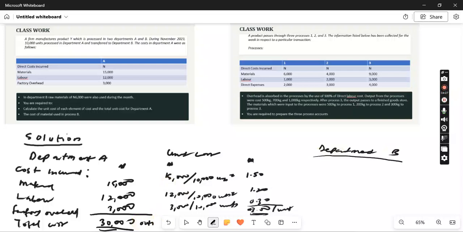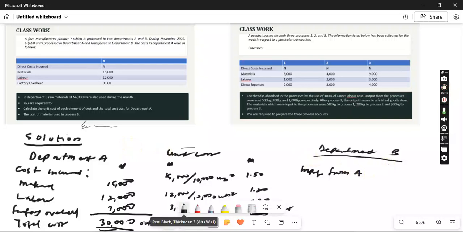This will be the input from department A. So the input from A in this case is 30,000 naira.